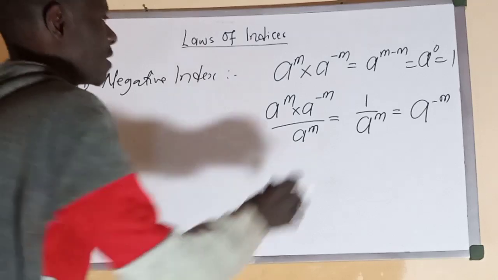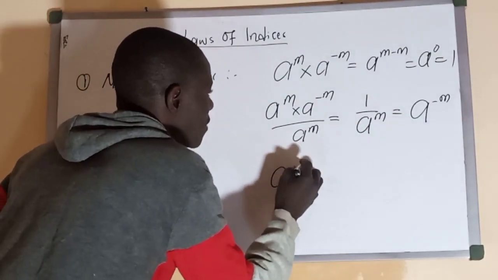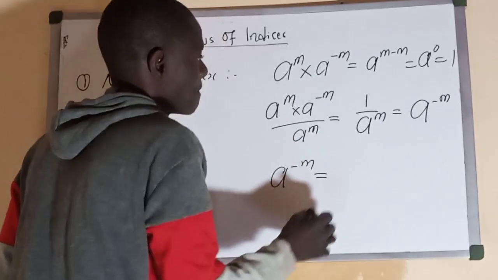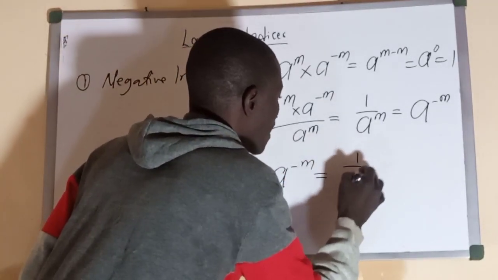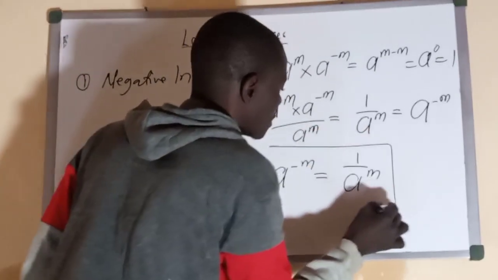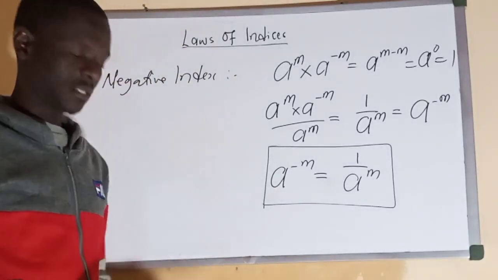So whenever you have a raised to the power of minus m, it is the same as 1 over a power m. This is another law, which is the negative index.